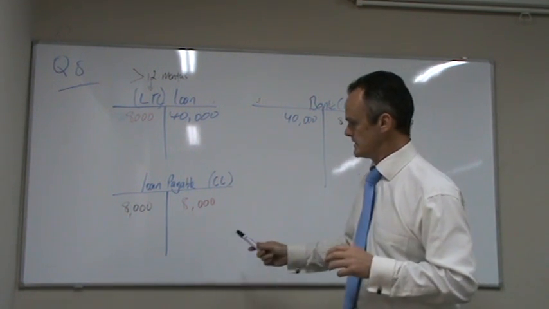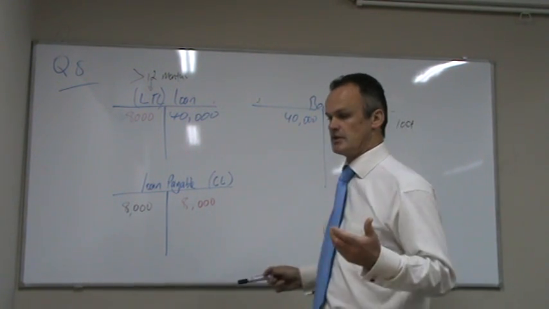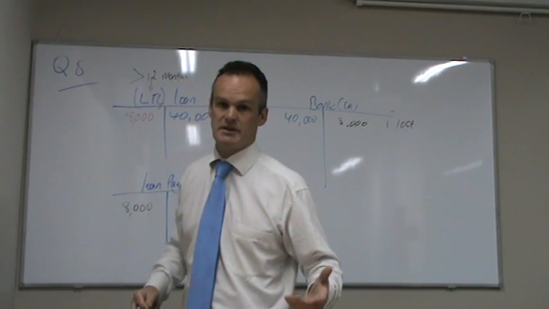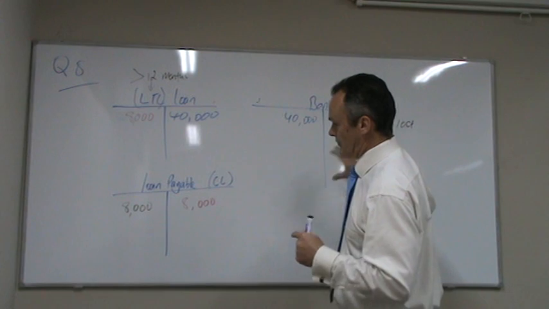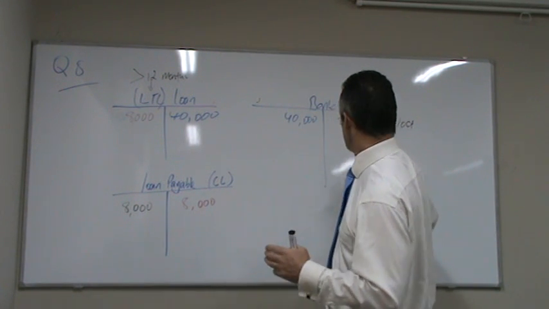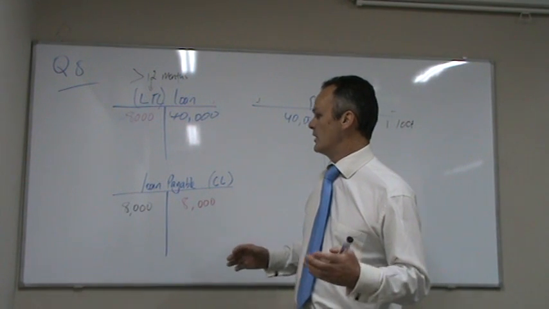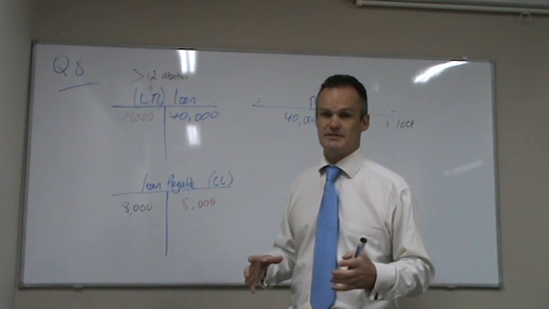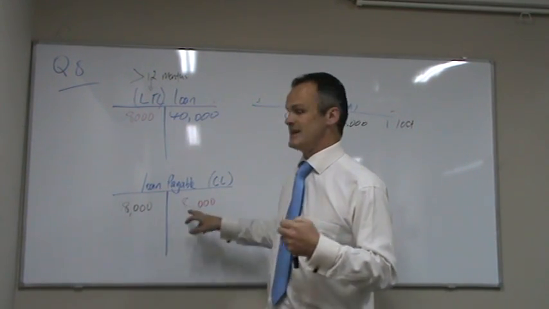That means the next payment is going to be the 1st of October the next year, say in that case 2016. So once we get to the 1st of October, the payment is now less than 12 months, which means that it's no longer long-term, it's now current.